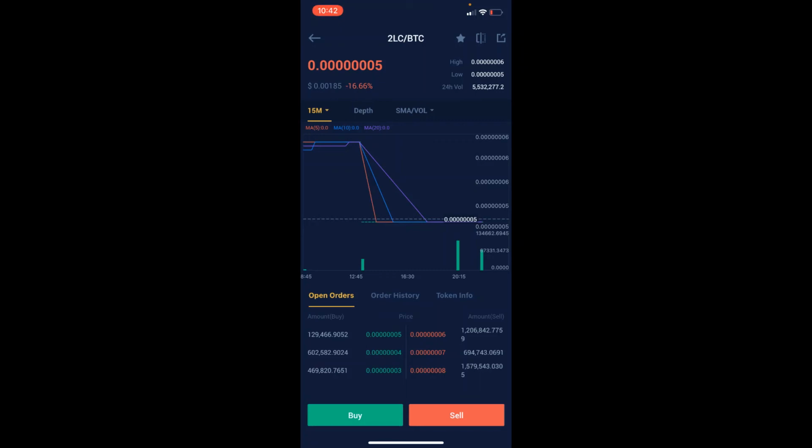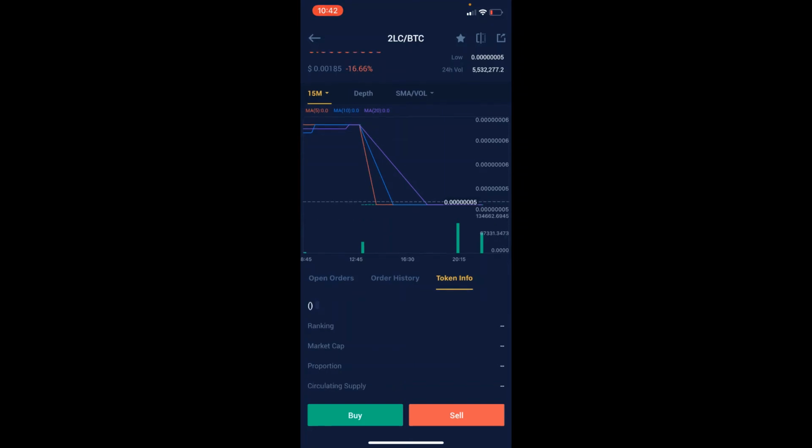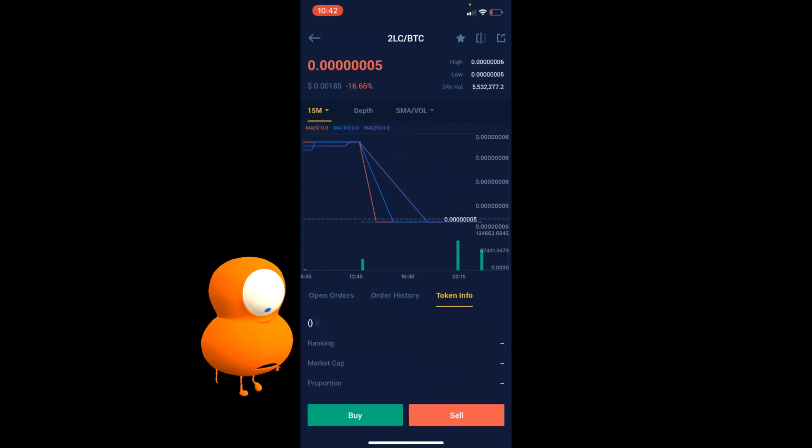And then down here where it says open orders, order history, I go to token info. When I go to token info, nothing shows up. That's because it looks like they don't actually show all of the token info.